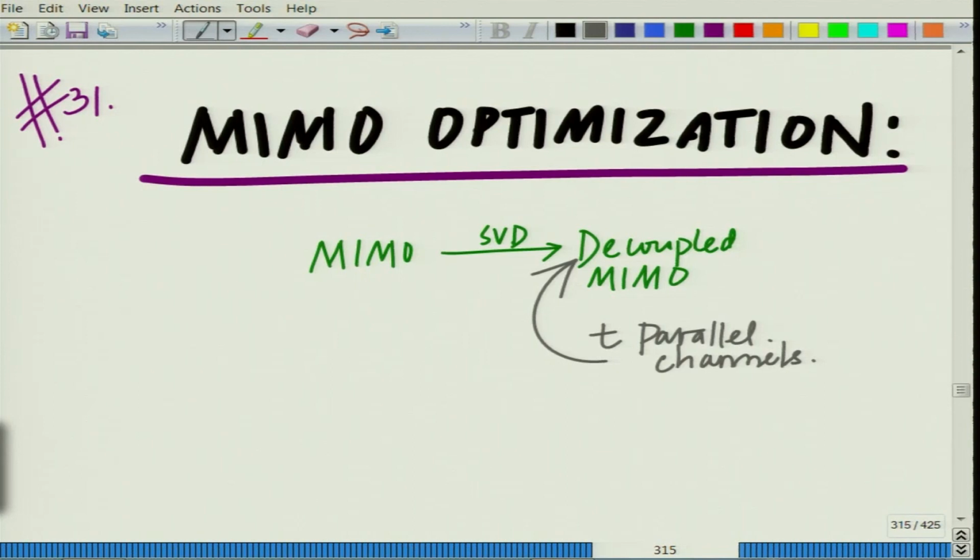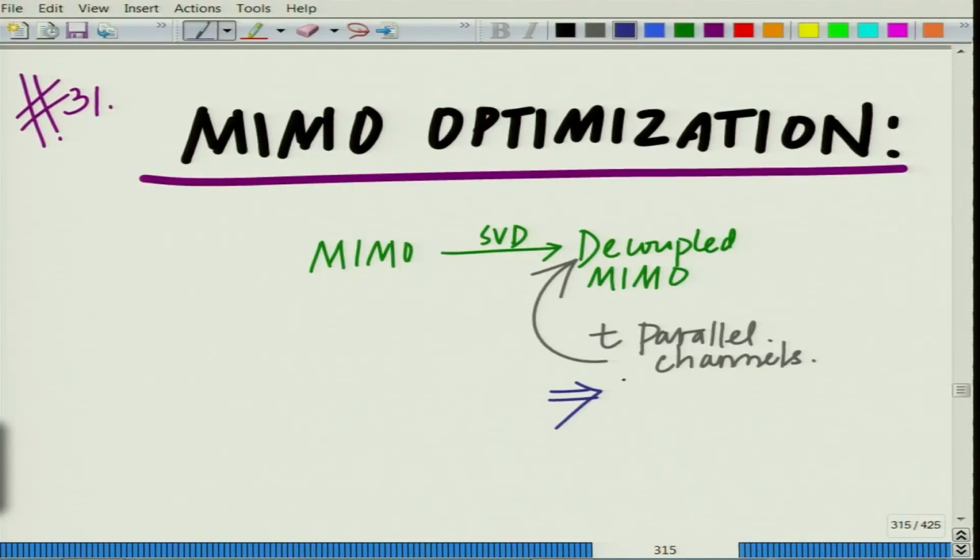So, that is applying the MIMO using the pre-coding at the transmitter and the post processing combining at the receiver. You can convert this coupled MIMO system into a decoupled MIMO system comprising of T parallel channels, and then therefore, we had seen that essentially implies that you can multiplex or simultaneously transmit T symbols over the same time and frequency, and this therefore leads to spatial multiplexing, right, you remember.